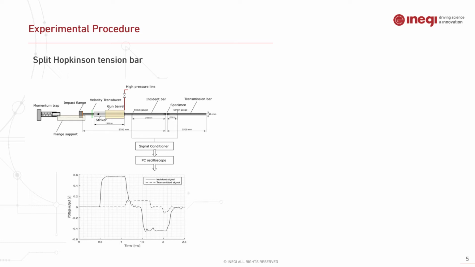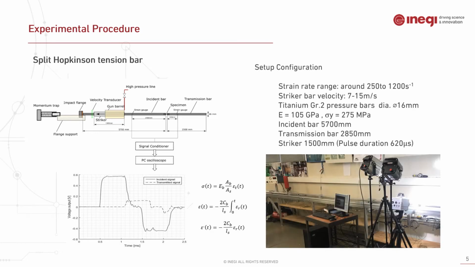So we have these strain gauges bonded on the bar, which record the amplitude changes in the signal, and then we analyze this signal using famous Hopkinson bar equations to obtain the stress strain behavior of the material.